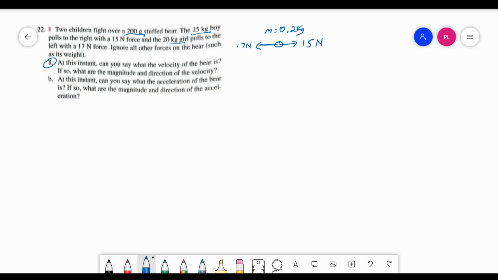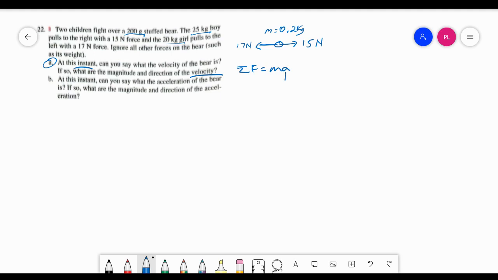At this instant, can you say what the velocity of the bear is? Well, we have a couple of issues. At this instant, well, no. Total force equals m times a. There's not a velocity in there.